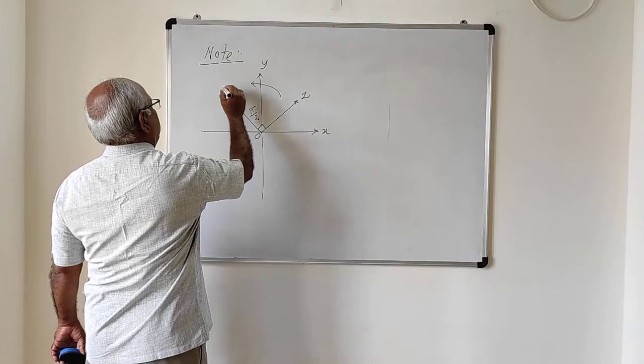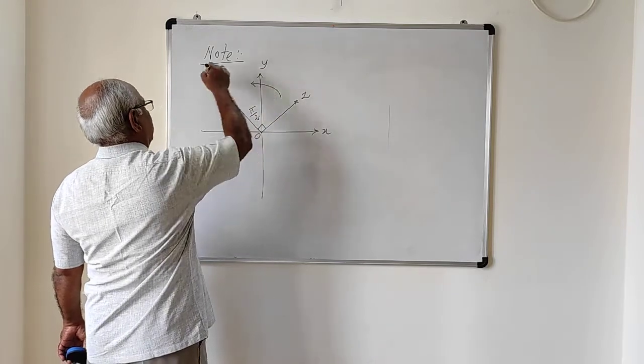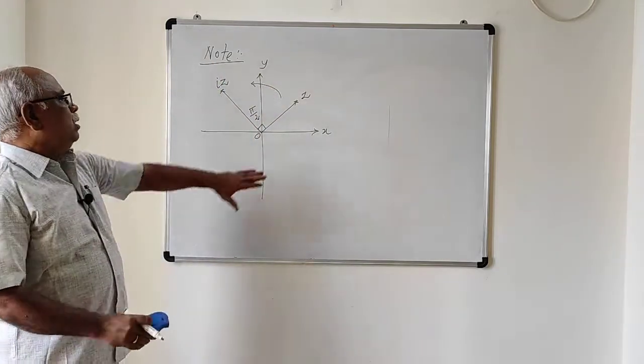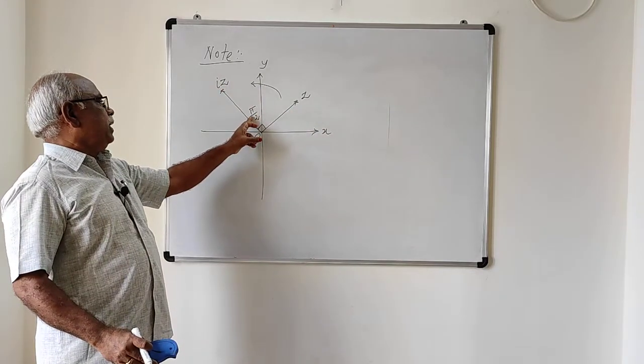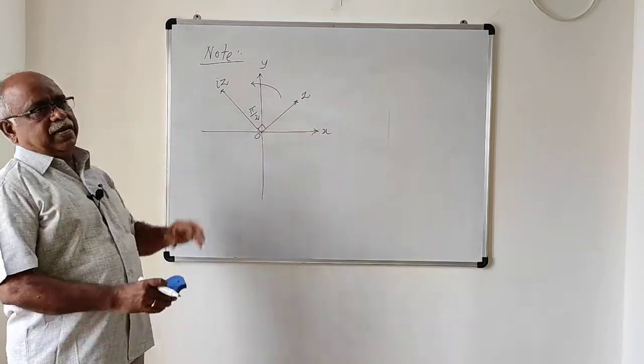This is the geometrical meaning of a complex number Z multiplied by i: rotation of the complex number Z about the origin through an angle pi by 2 radians in the counterclockwise direction.